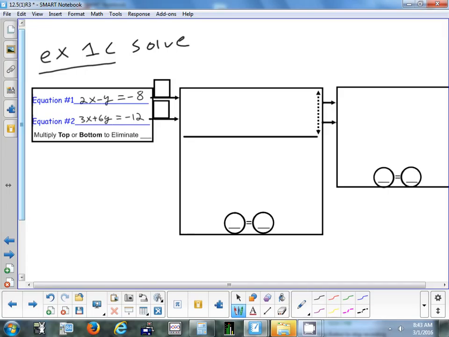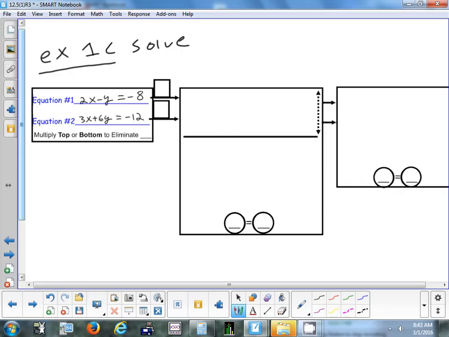So what we have to do is decide which variable we want to eliminate.